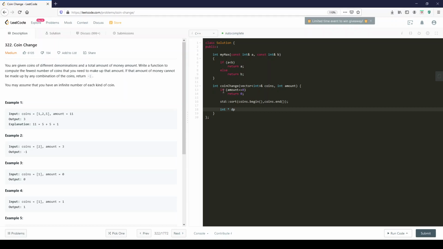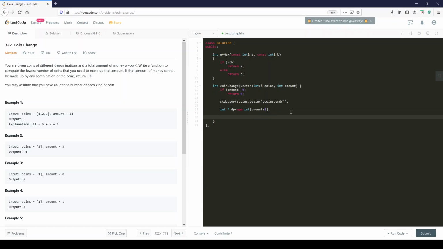We'll call it DP for dynamic programming, equals new int, an integer array of size amount plus 1, because at some point we're going to want to refer to this actual amount, and since this is a 0-based array, we could refer specifically to that amount later and not amount plus 1. It starts off at 0, not at 1.